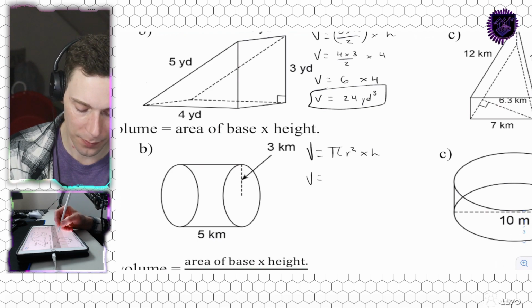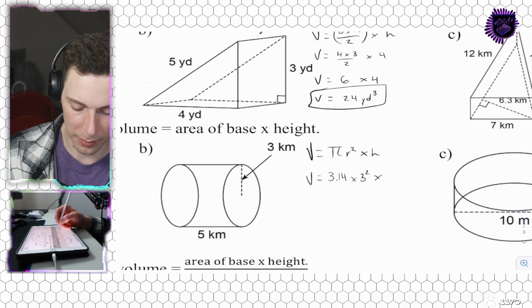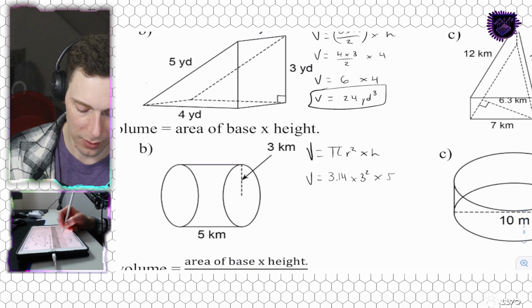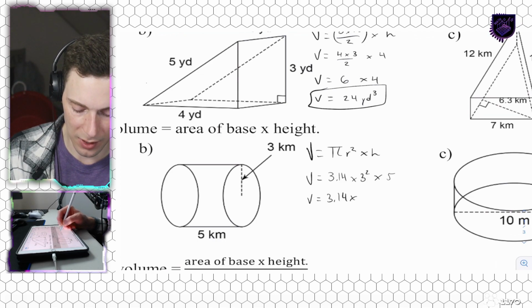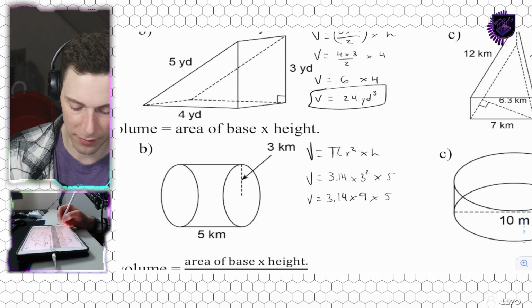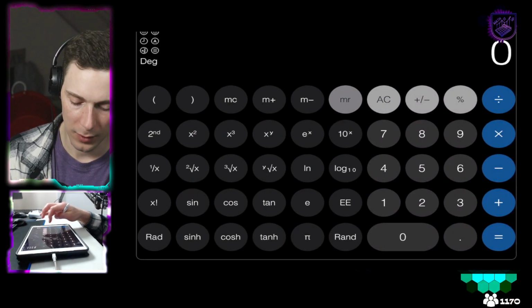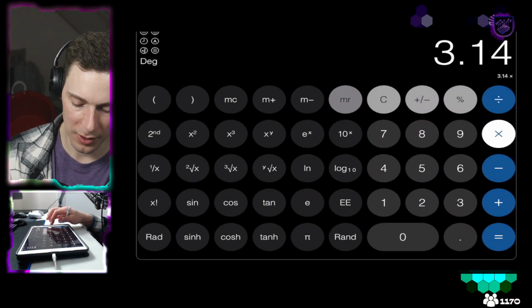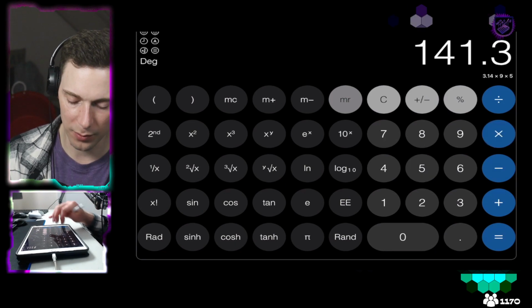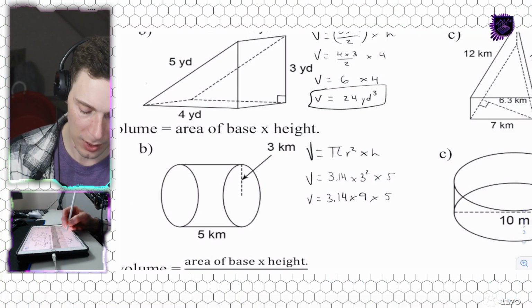Volume will be equal to 3.14 multiplied by 3 squared multiplied by 5. So volume will be equal to 3.14 times 9 times 5. 3.14 times 9 times 5 equals 141.3.